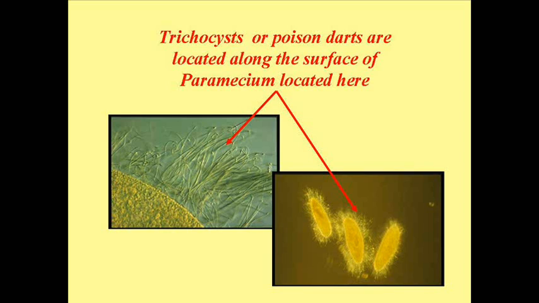The paramecium cell, the single cell paramecium, a common freshwater protozoan, uses those trichocysts in order to basically immobilize its prey. And once it's been immobilized, that prey can then be ingested, swept down the gullet of the paramecium right into the cell for digestion at a later date.